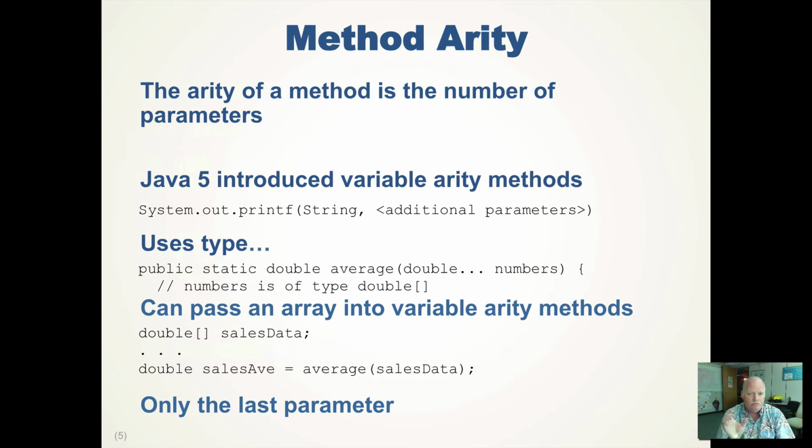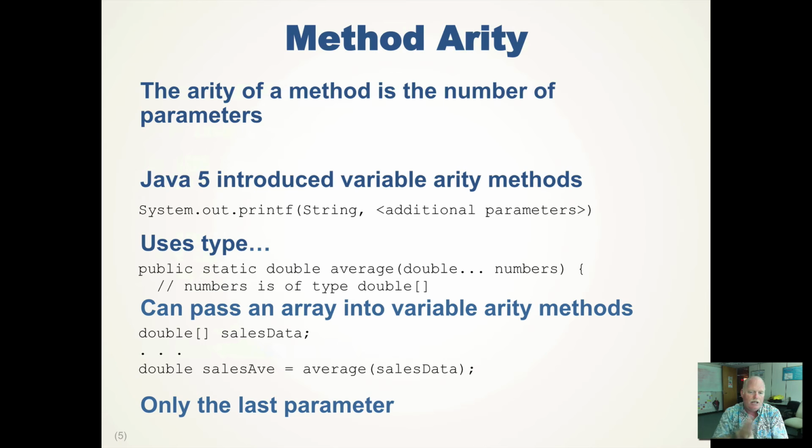Now, the variable arity parameter must be the last parameter in the declaration of your subroutine. It makes no sense if you said double dot dot dot numbers comma string, because it doesn't know how many doubles there are supposed to be.